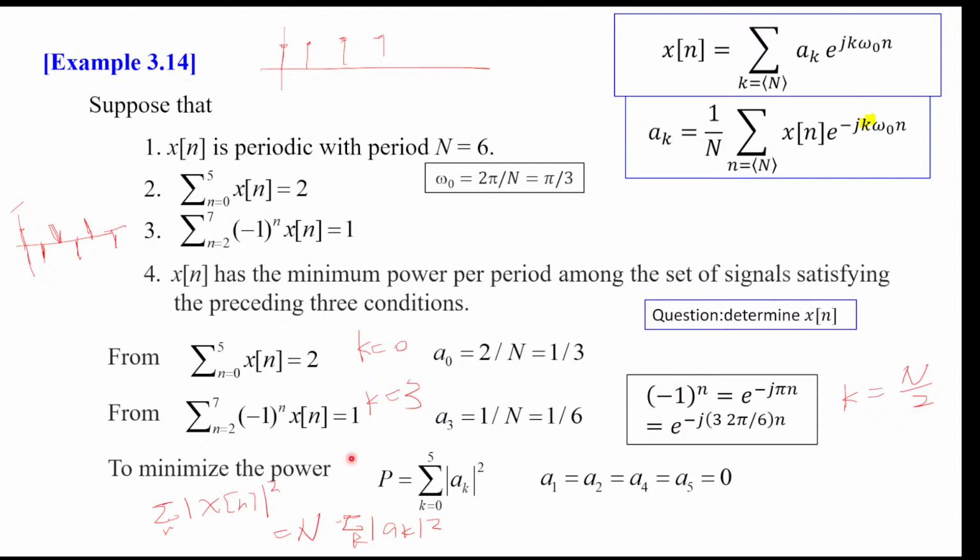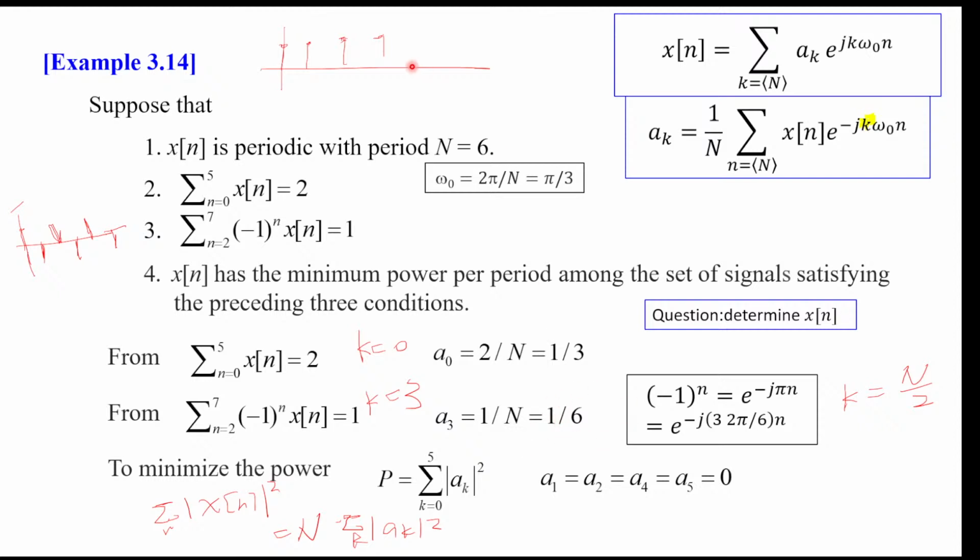So this is (-1)^n. And so we see that -1 corresponds to the k equal to 3 component, and so just like here, this summation will tell us what A3 is, and A3 will equal this 1 here, over N equal to 6, so A3 equal to 1 over 6.